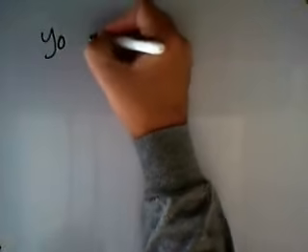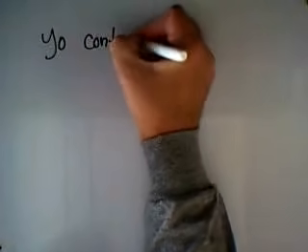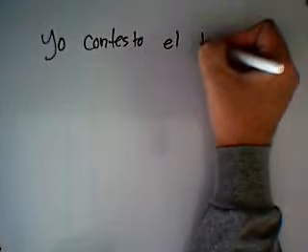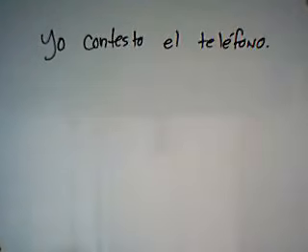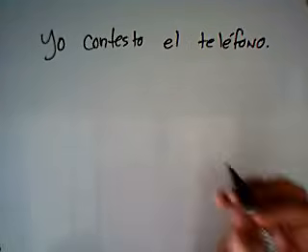All right, so let's begin by talking about what direct objects are before we get to the direct object pronouns, okay? So in a simple sentence, such as, for example, yo contesto el teléfono, I answer the phone.